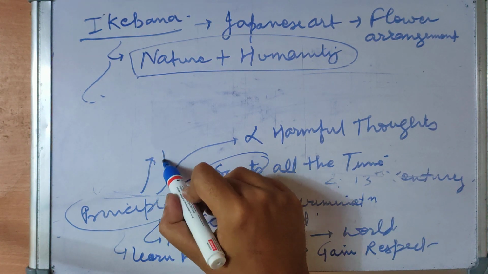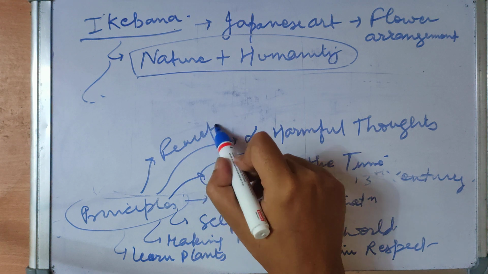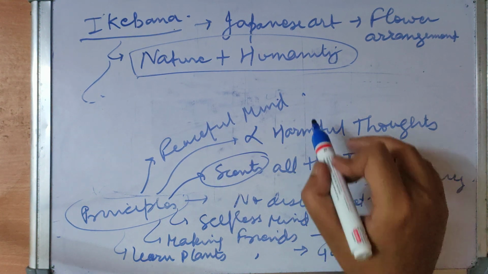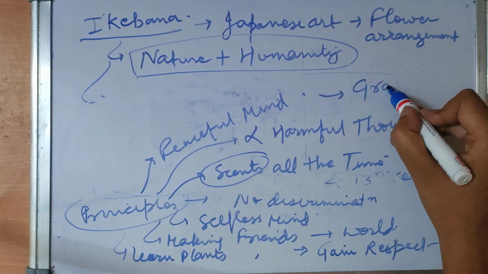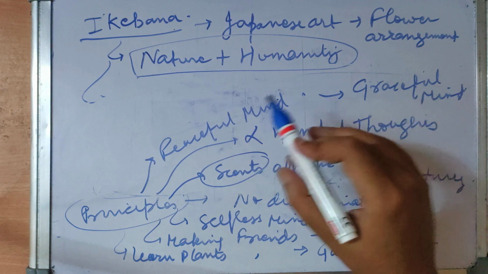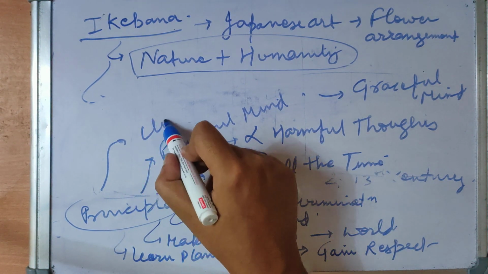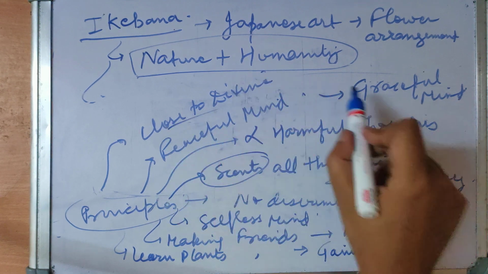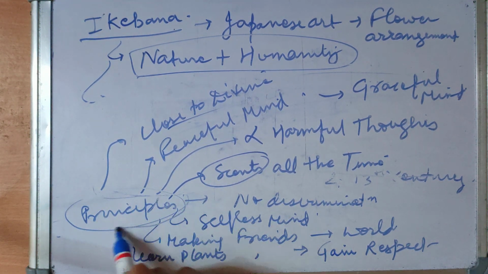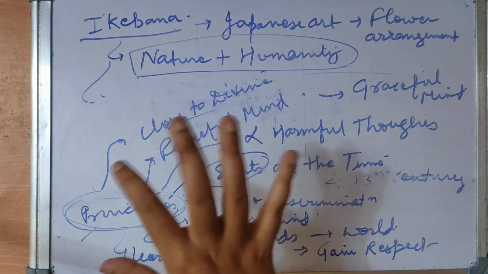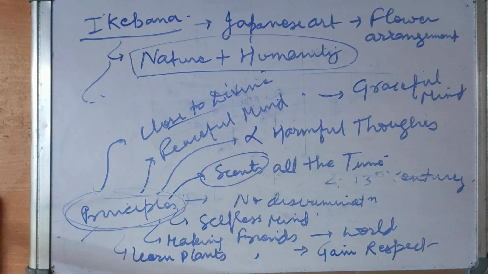Peaceful mind. Graceful mind. Close to the divine. So these are the main principles of Ikebana. You can see there are many Buddhist ideas. I hope you understand all this.